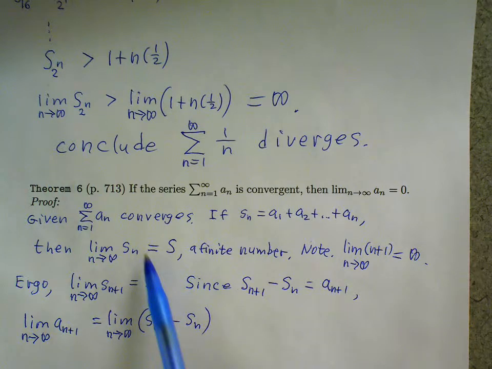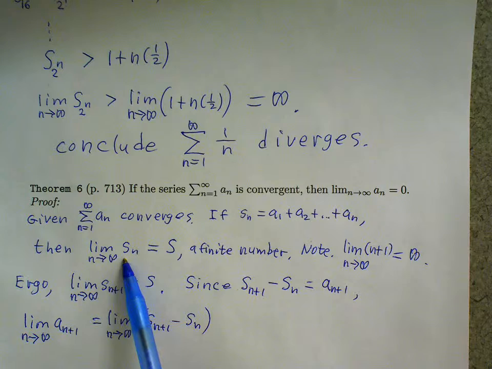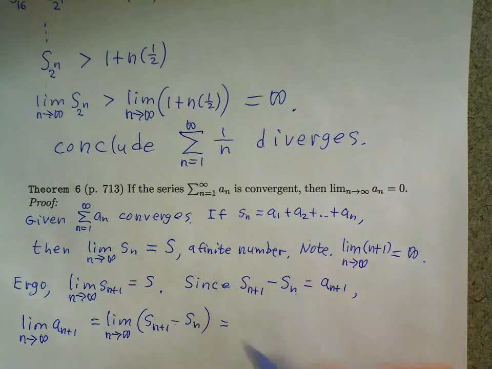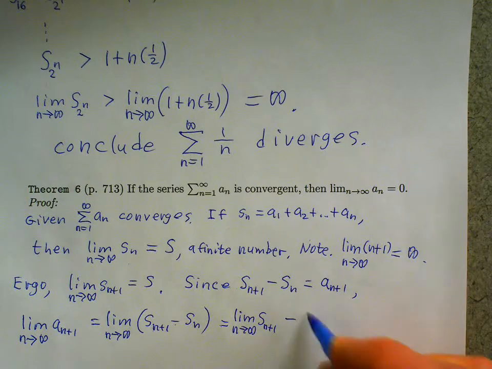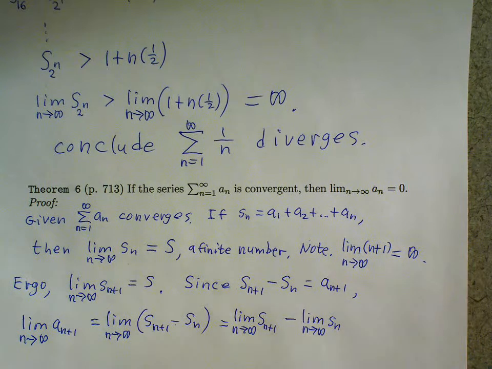We have two limits that exist: the limit of s sub n equals s, and the limit of s sub n plus 1 equals s. So the limit of the difference of the two sequences is equal to the difference of the limits. This is the limit of the s sub n plus 1 sequence minus the limit of the s sub n sequence. But the limit of each of those is s, so I get s minus s, which is 0.